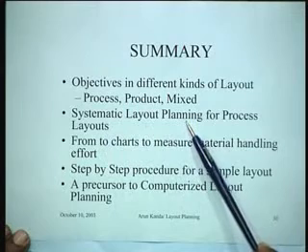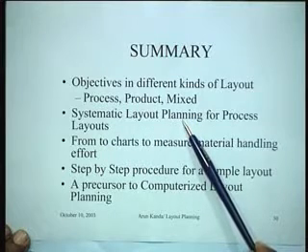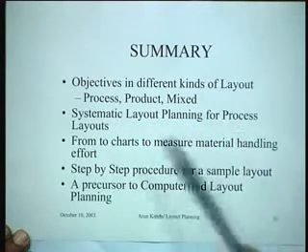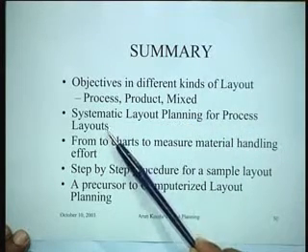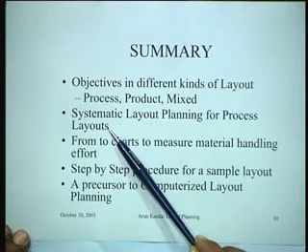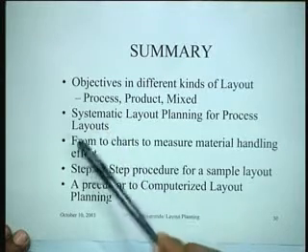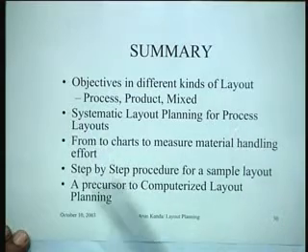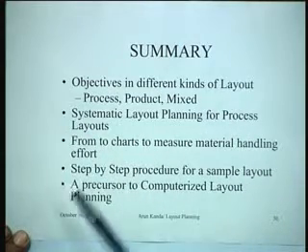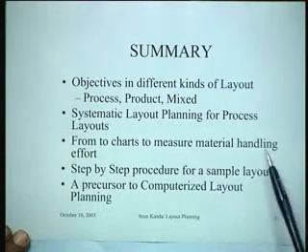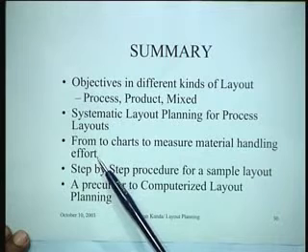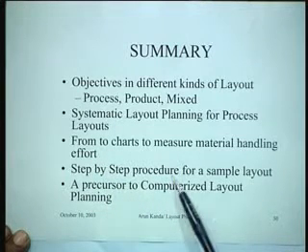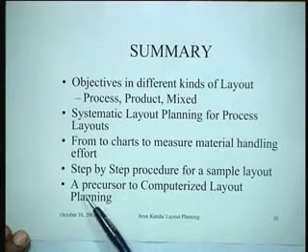Systematic layout planning is a systematic procedure for designing process layouts, and basically we looked at this procedure in this particular class to see how systematic layout planning can be done for process layouts. Two charts to measure material handling effort were designed, and a step-by-step procedure for a sample layout was done.